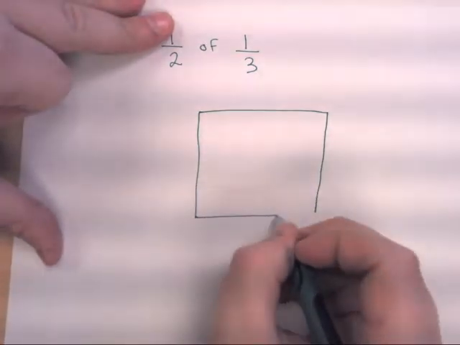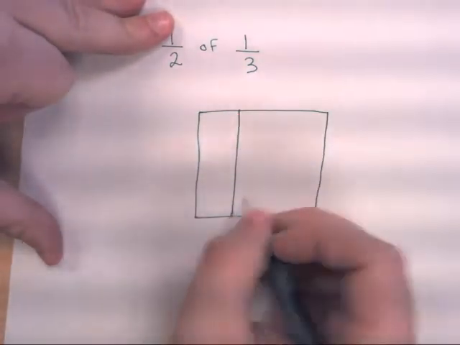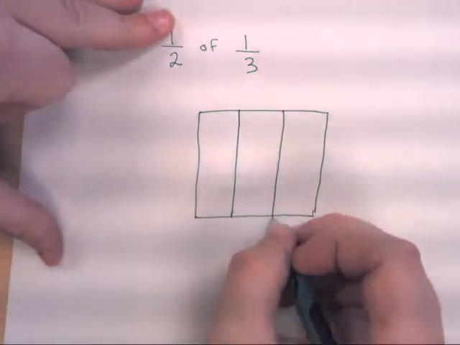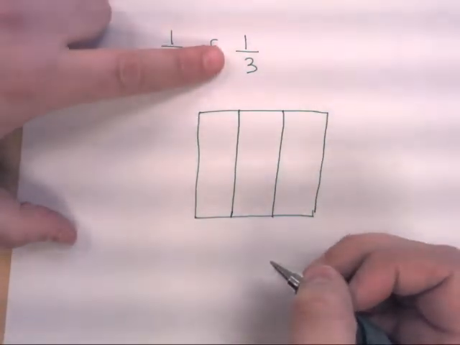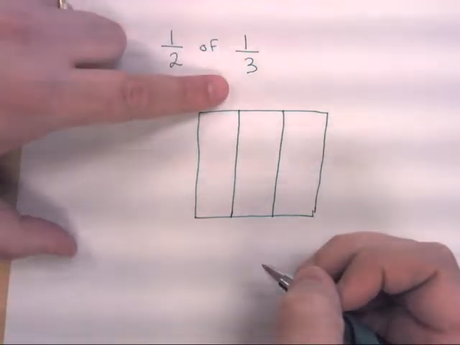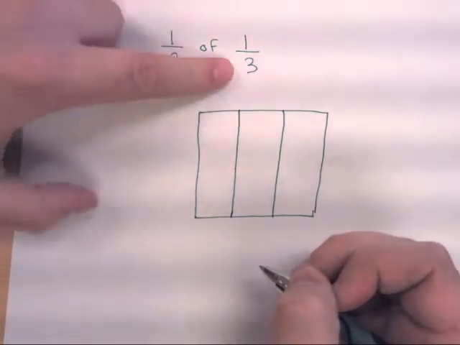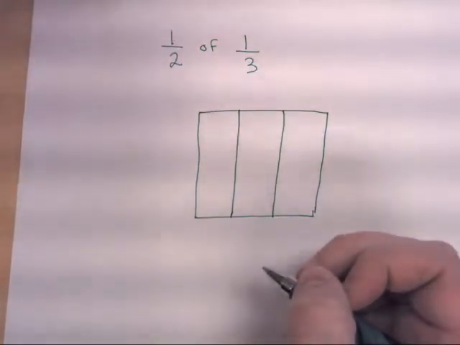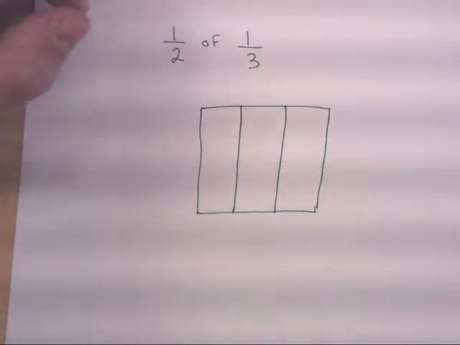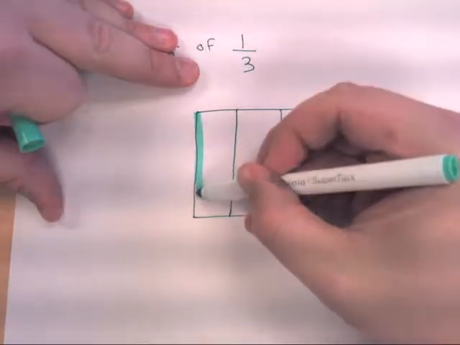Drawing a diagram, I like to start off by modeling the fraction that's listed all the way to the right. It doesn't matter which order you draw these in, but when I think of 1/2 of 1/3, I first want to establish 1/3 and then find a half of it. But that's a preference.